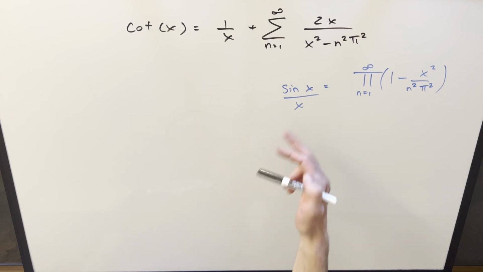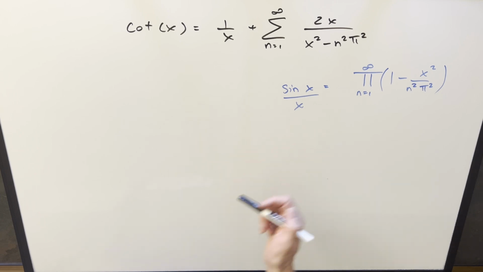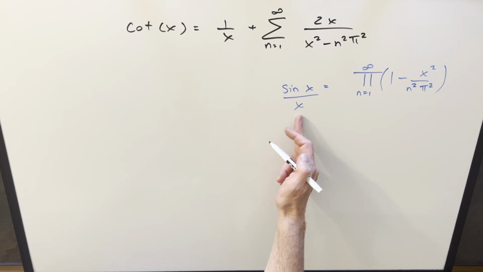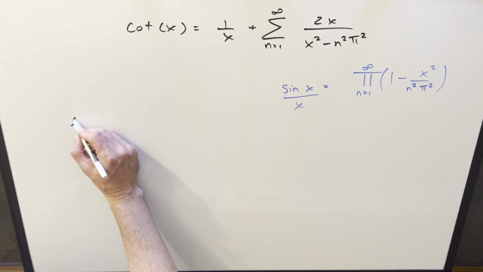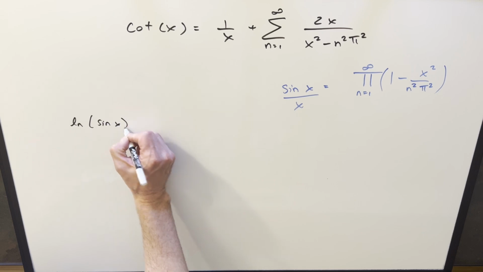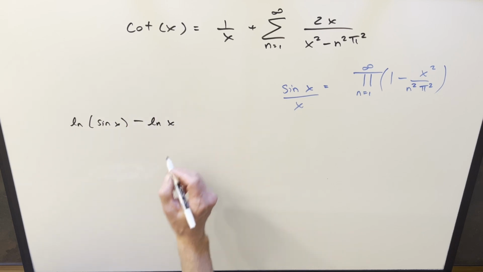And then from here, let's just take the natural log on both sides. This is kind of a similar method I think we used for the digamma reflection formula. So if we take natural log on both sides, we can go ahead and use log properties, especially on the left side to start. So I can break that up, and I can write it as natural log sine x minus natural log of x.